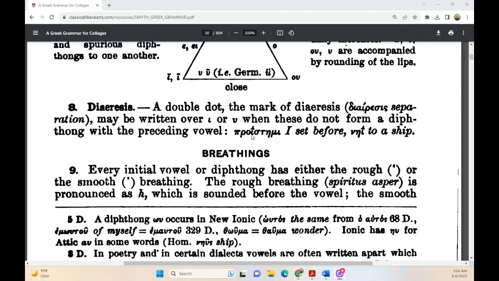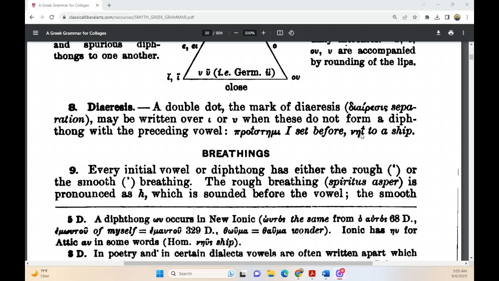And if they were a diphthong, this word would be proistemi, three syllables. But this diairesis above the iota tells us that this is not to be read as a diphthong, but as two separate syllables. So we read proistemi, four syllables, not three. So that's an example of diairesis.